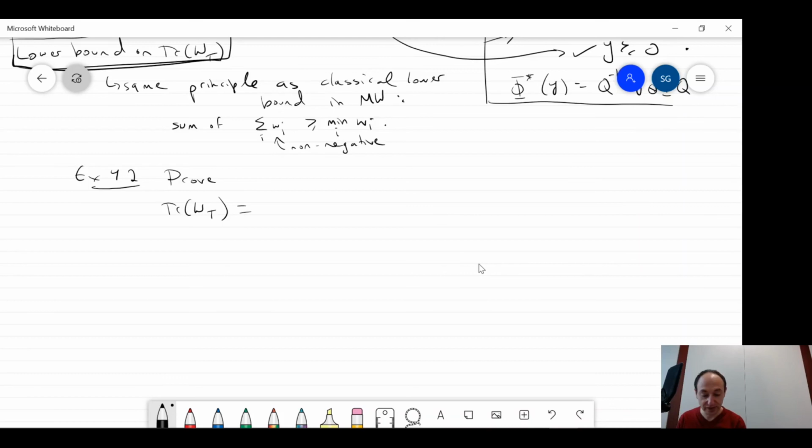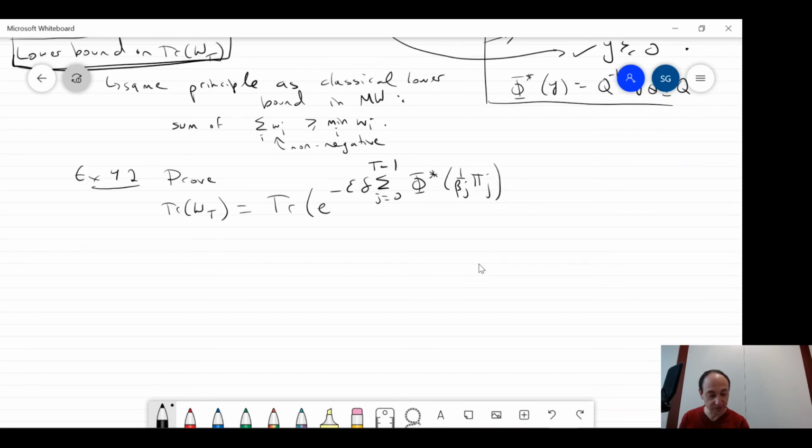Let me first write out what it equals. This is the trace of e to the minus, and this is just what Algorithm 2 tells us, t minus 1 of phi star of 1 over beta j pi j.